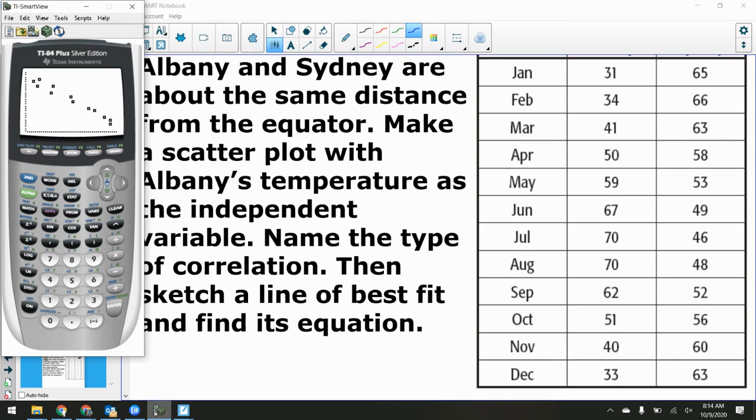But what your calculator can do here, we go back out to the home screen by hitting second quit, and you just go stat. And now, right where we went to edit our lists, if you scroll right to calc, you see down here, choice 4 is linear regression, linreg.